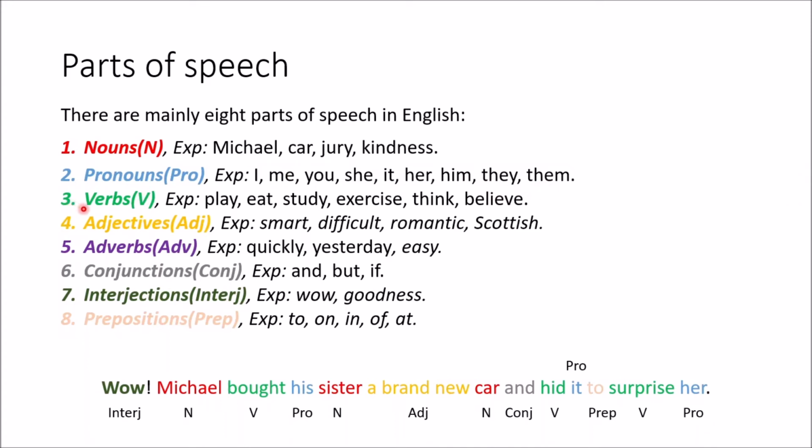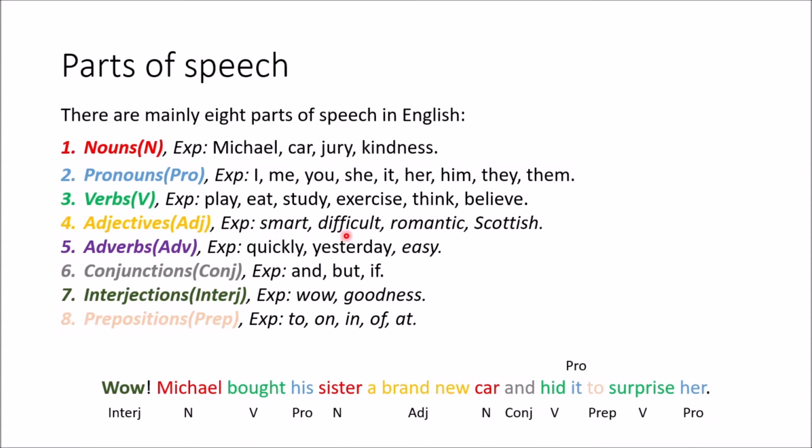Regarding verbs, we know that generally verbs express actions or states. Play, eat, study, exercise, think, believe are verbs. Adjectives have another function. The adjective describes a noun, so it gives a limited explanation or description of a noun mentioned in a sentence or a structure.